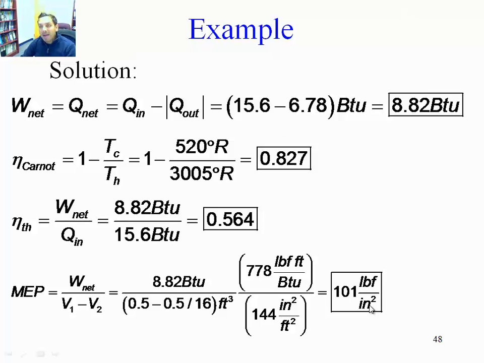So the average pressure in a diesel engine is also much higher than the average pressure in an auto engine. In the example we worked out for an auto cycle, the mean effective pressure was 39.9. And now the mean effective pressure for this diesel engine, starting from the same conditions, is 101 psi. It's more than twice, actually 2.5 times that pressure as in the auto cycle.